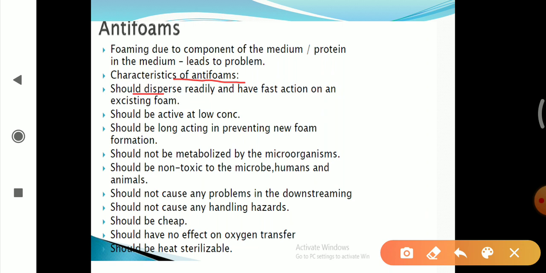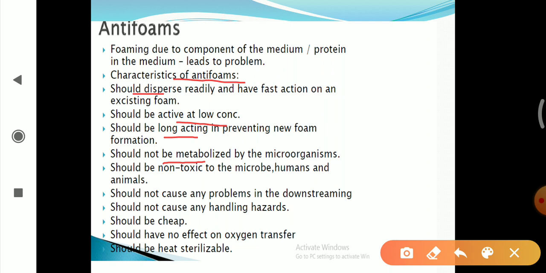It should disperse readily and have fast action on existing foam. Whatever foam has been formed, it should act fast. It should be active at a low concentration and long acting in preventing new foam formation. It should not be metabolized by the microorganisms.